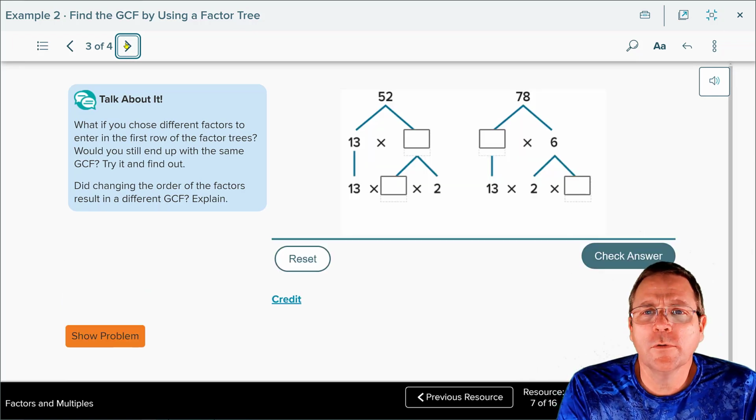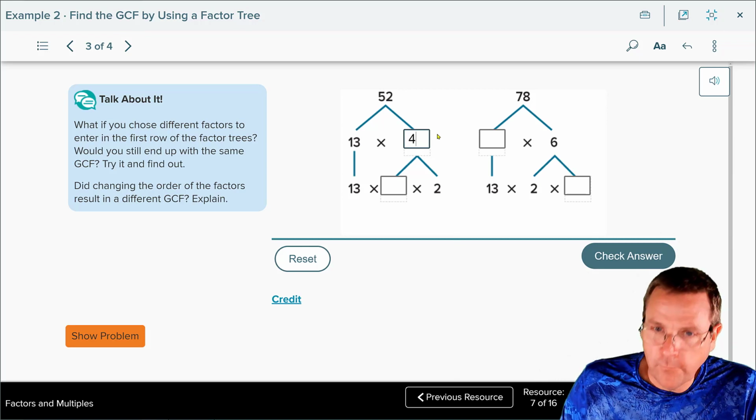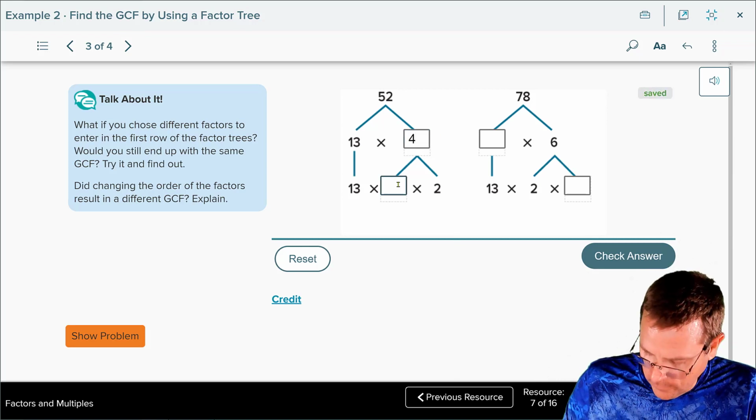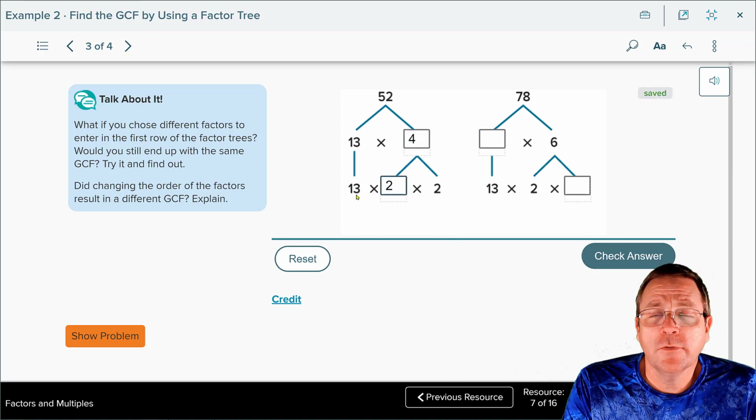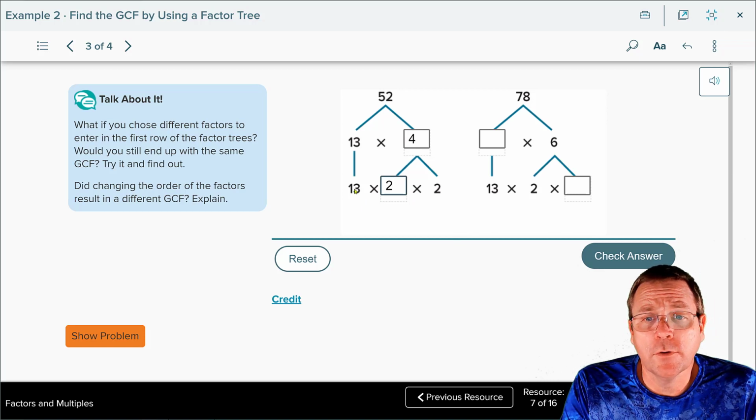it says, what if we were to take and use some different factors for these? So here they said 52 would this time be 13 times 4, and 4 is, of course, going to be 2 times 2. And you can see we get the same factors for 52: 13, 2, and 2.